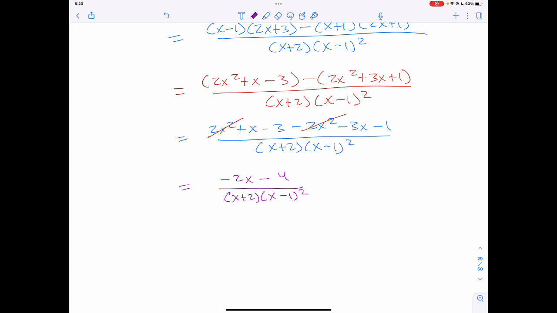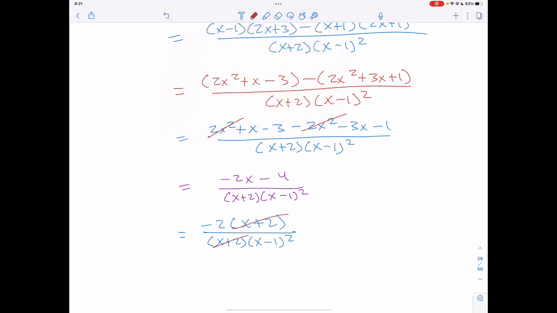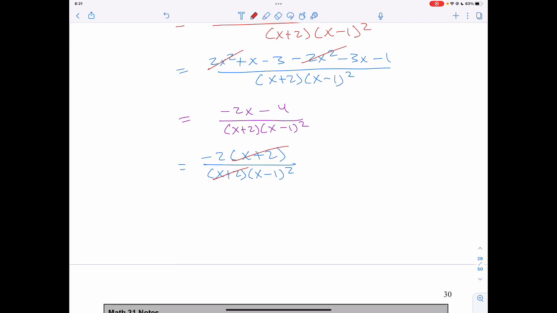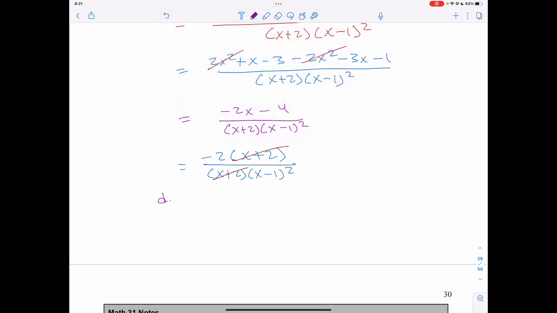I can pull out a negative 2, and I get x plus 2 all over x plus 2 and x minus 1 squared. And I can cancel out an x plus 2. And I finally wind up with my final answer: dy over dx is actually equal to negative 2 over x minus 1 squared.